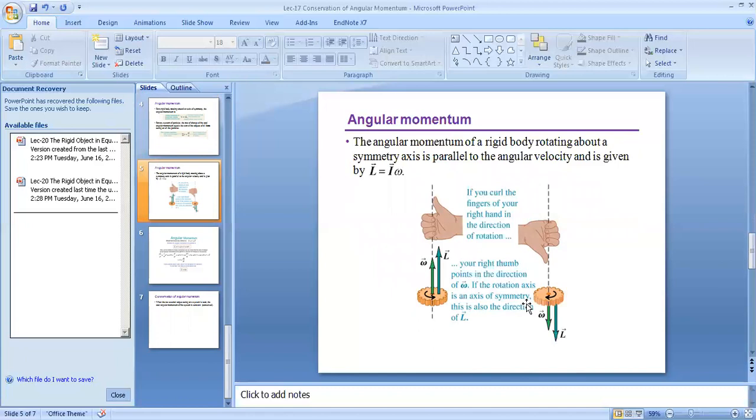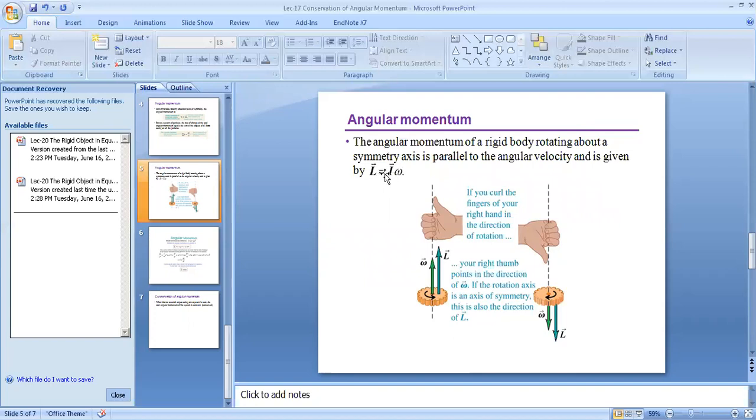For the direction of angular momentum, we see this expression L is equal to I omega. Here I should be without arrowhead, omega should be with arrowhead. So omega is a vector quantity, I is a scalar quantity.